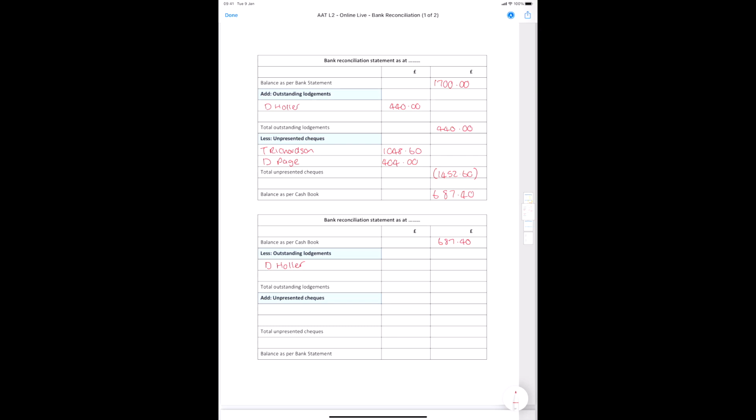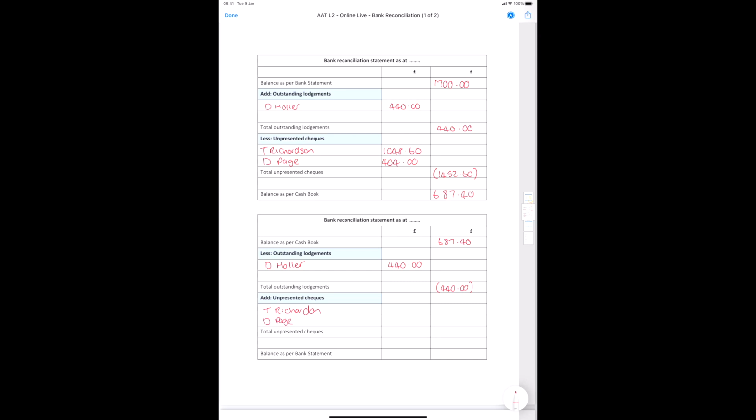Okay, so this is D Holler, £440, which gives us a subtotal here, 440, and add any unpresented checks. So we've got T. Richardson, and we've got D. Page.